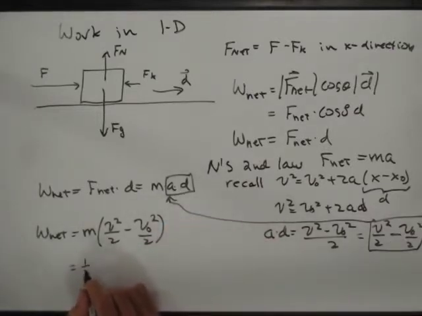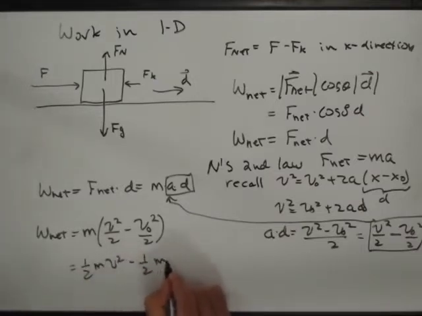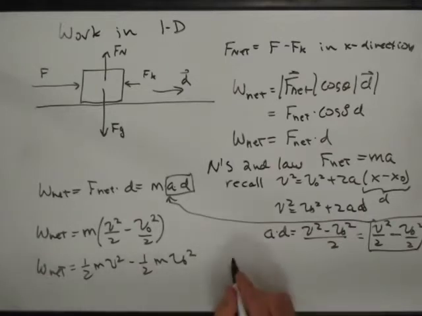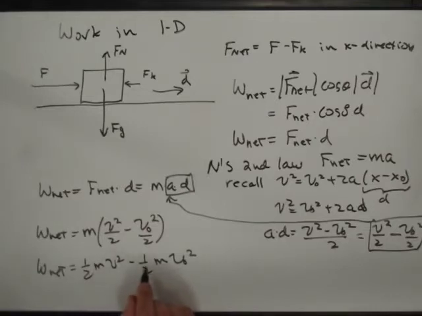Or it's equal to 1/2 mv squared minus 1/2 m v naught squared. That's the net work done. This is my final velocity. This is 1/2 m times my final velocity squared minus 1/2 m times my initial velocity squared is the work done.